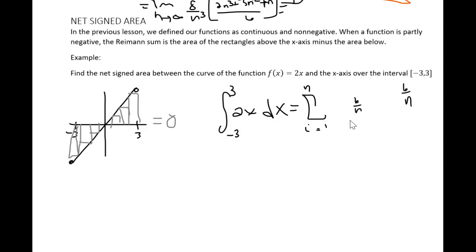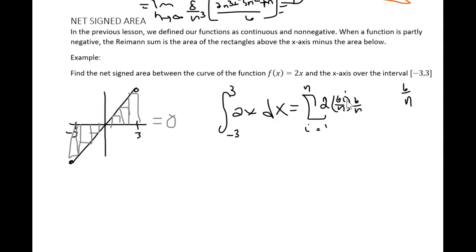It actually doesn't ask us to do this as a Riemann sum, and so I don't have a right and left defined, but I'm just going to assume left-hand sum in this case, which is not how I actually drew it, a right-hand sum on one side and a left-hand sum on the other. Don't do that. But we're just going to let this be 2 times x, and we're going to let x be 6i over n. So that's your partition width times i, letting i be each individual interval.